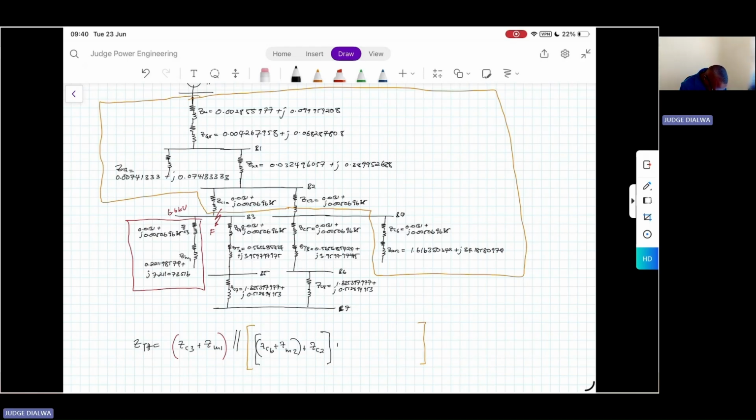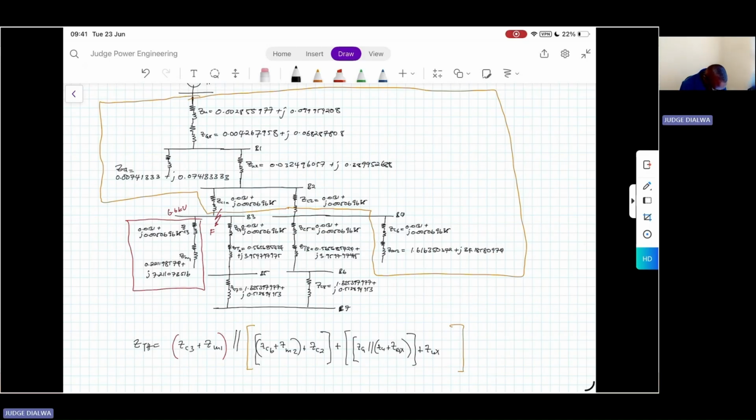That is the impedance of our generator being parallel to the series combination of our utility grid and our generator transformer, and then all of that being in series with our unit transformer, all this being in series with our unit generator.